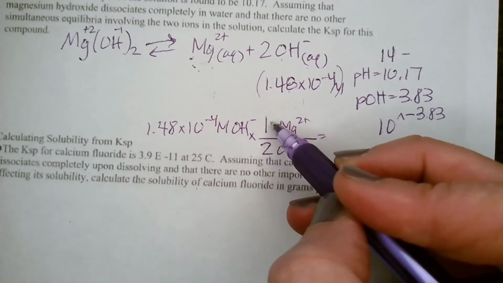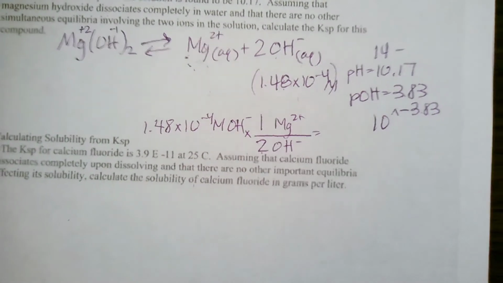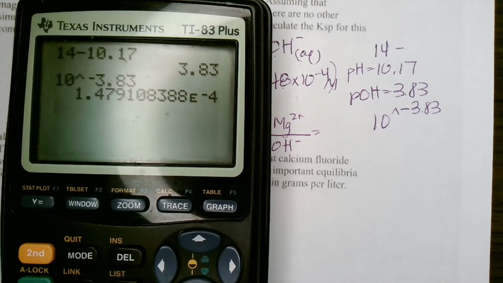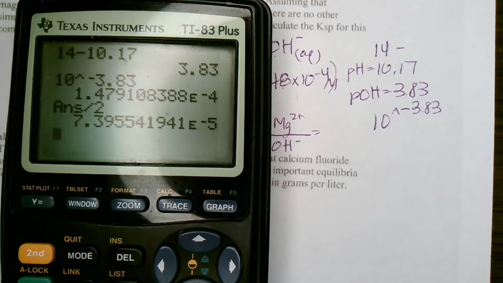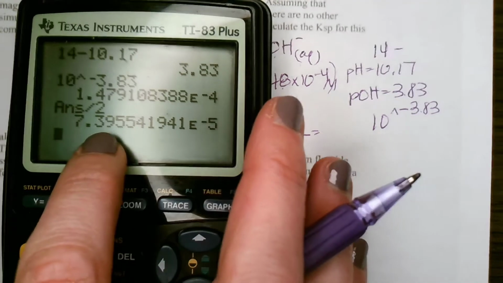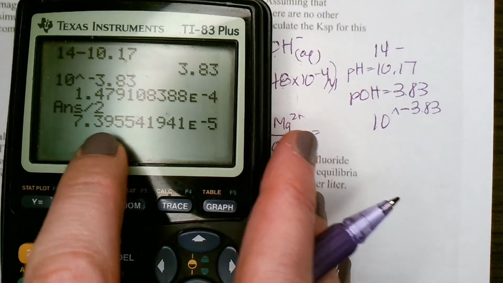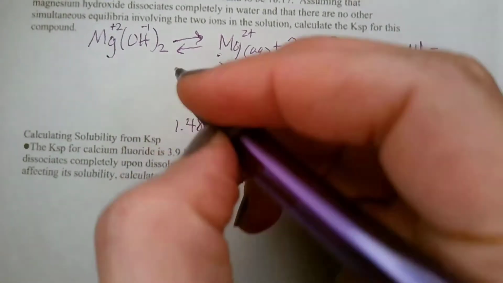So it takes this number times 1 divided by 2. So we're just going to divide this by 2 to get 7.395, so 7.4 times 10 to the negative 5th.